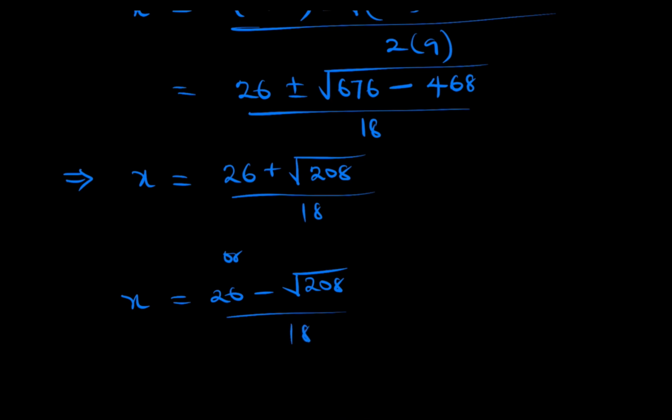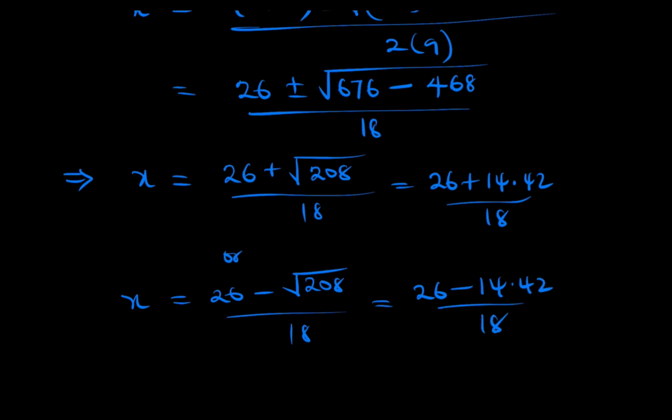We need to press our calculator to get these values. This is 26 plus 14.42 to 2 decimal places divided by 18. This is 26 minus 14.42 over 18.